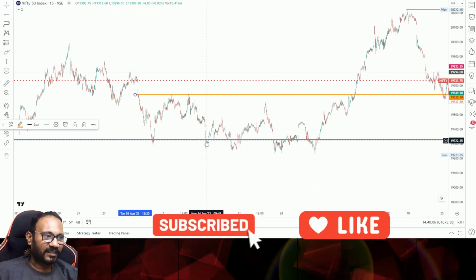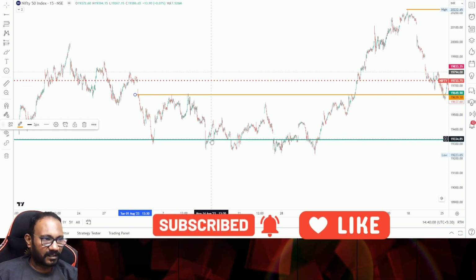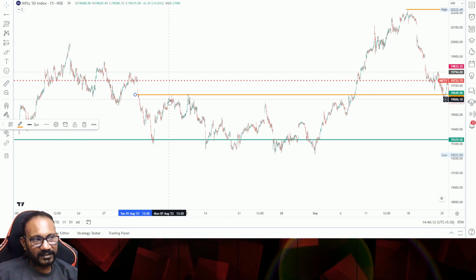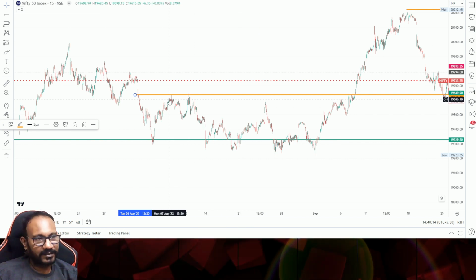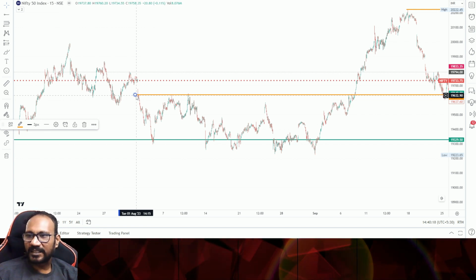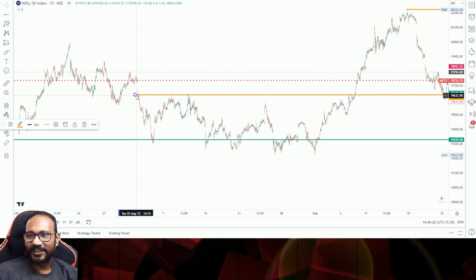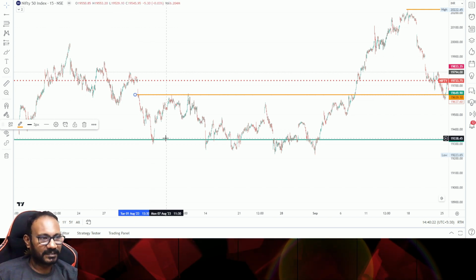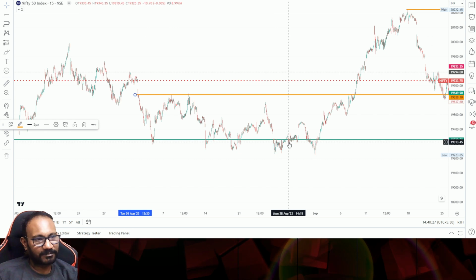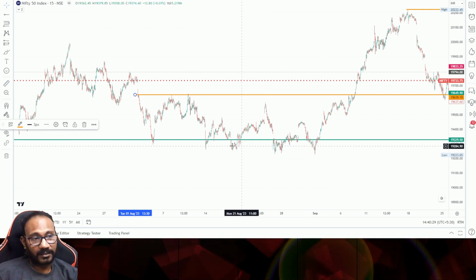And one other important part to keep in mind is that if a level is tested too many times, that level becomes weaker. For example, this is a support. If the support is tested once, twice, thrice, four times, five times, that's way too many times.